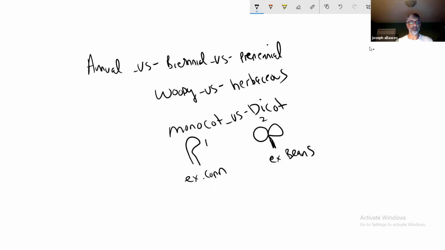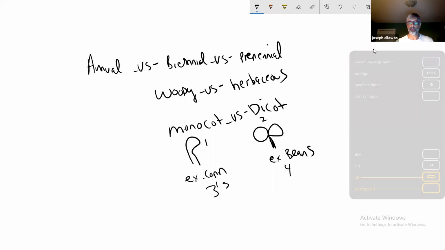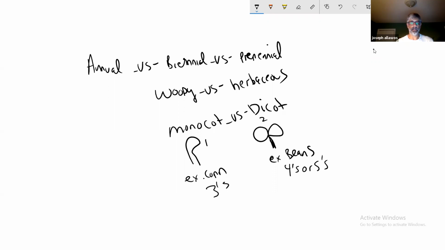We also talked about flower parts in threes in a monocot or fours or fives in a dicot. There's actually yet another way to tell them apart.